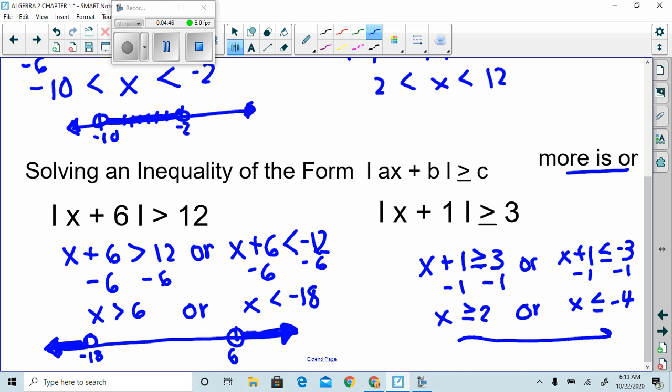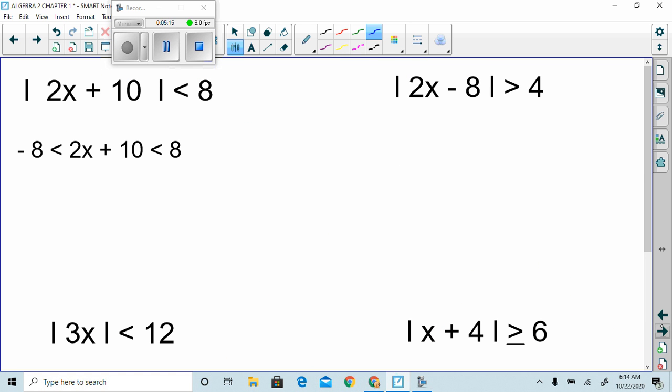Again, I'd find 2 on my number line, and that would be a closed circle this time and shading. And then I'd go on the opposite side and closed circle again at negative 4 and shading everything that is less than. So if you can think about less nesting, less is nest, and more is or, you're in a good place. Let's try one or two more.